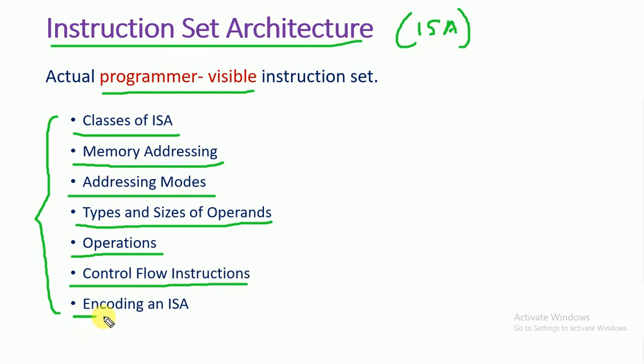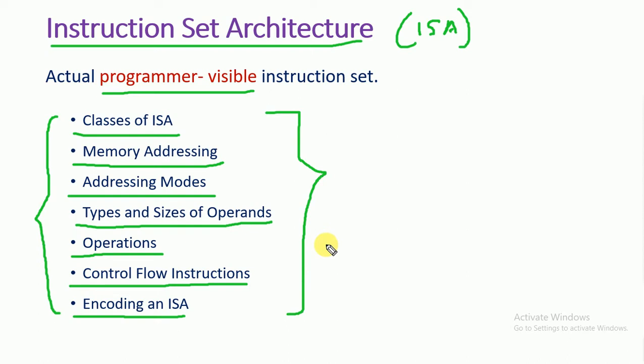And finally we look at how the instruction can be encoded, in which format the instruction is placed into a computer system. When we enter the instruction, how will it be stored within the memory for its further operations? These details are to be discussed.